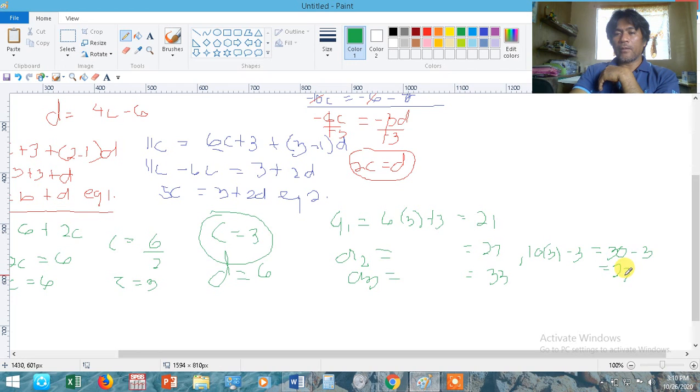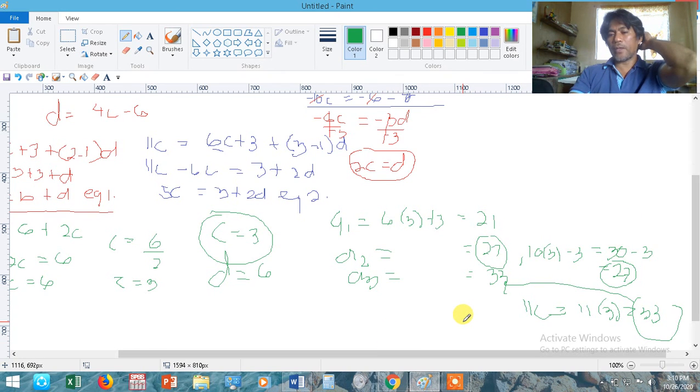So correct. Follow? 27 and we have 27. And this one, since that is 11c, so the same, multiply mo ng 11 times 3 will give you 33. So we get the correct answer. So our solution is correct.